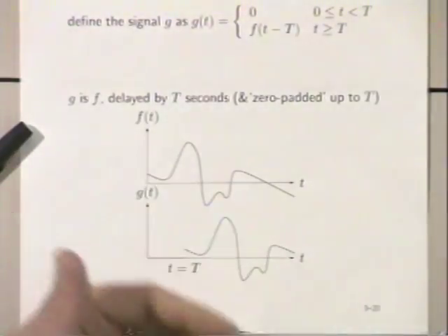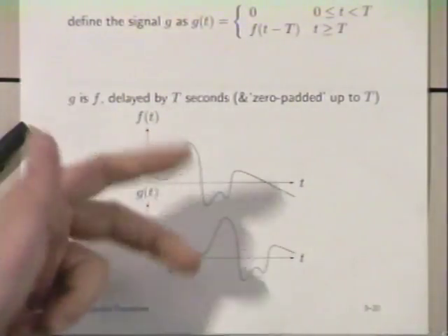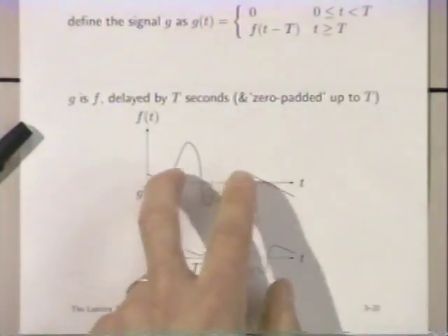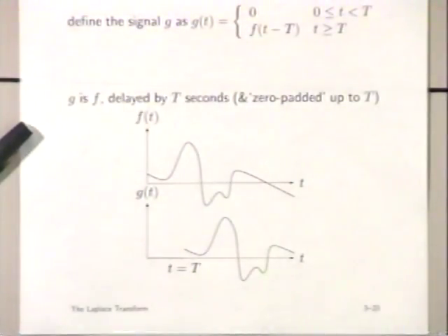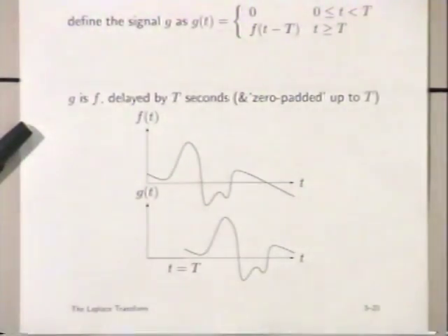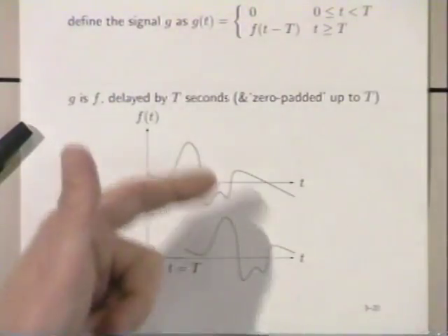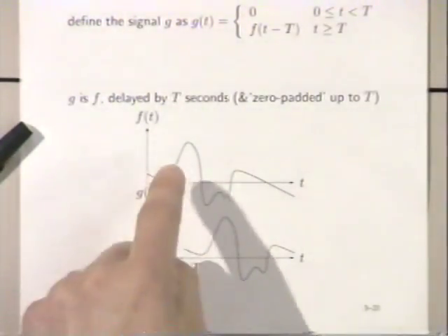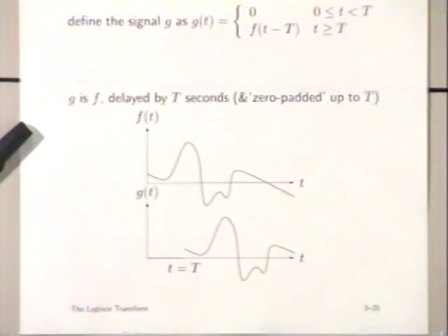When a plot shifts to the right on the time axis, it means you're delaying it. If I showed you these two signals, doesn't it kind of look like this one is the delay of that one? Well, it's not. This is the delayed version of that, and let me explain why.